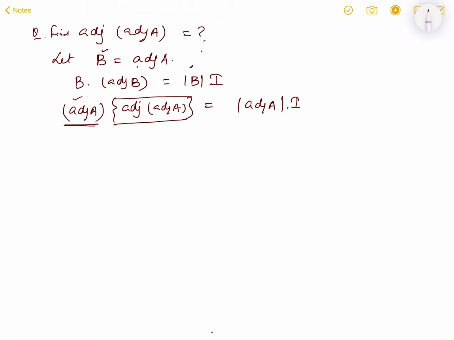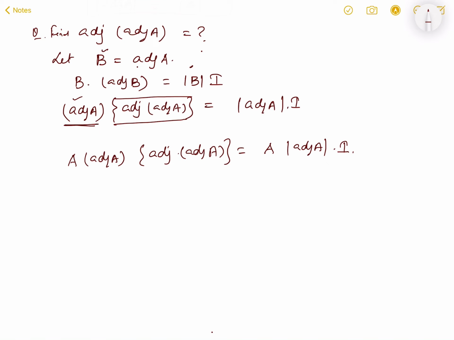So what we can do here is multiply by A on both sides: A into adjoint A into adjoint adjoint A is equal to A into determinant adjoint A into I.